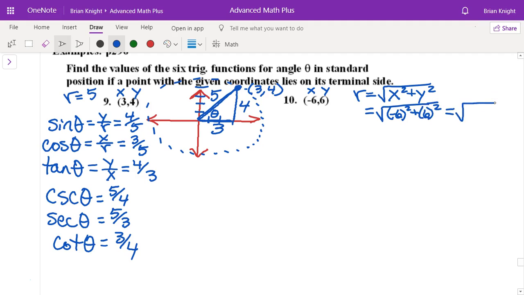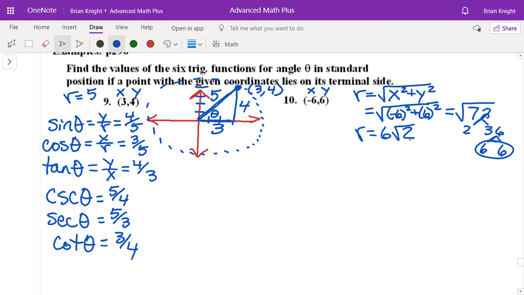That's 36 plus 36 is 72. That will reduce, that'll be 2 and 36, which is 6 and 6. So I get to bring out a 6 square root of 2.